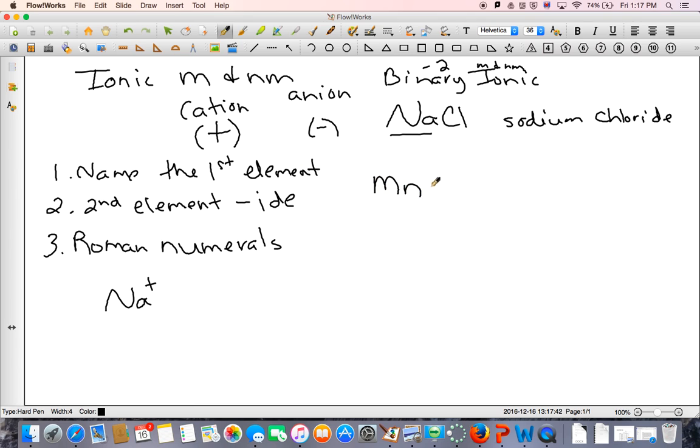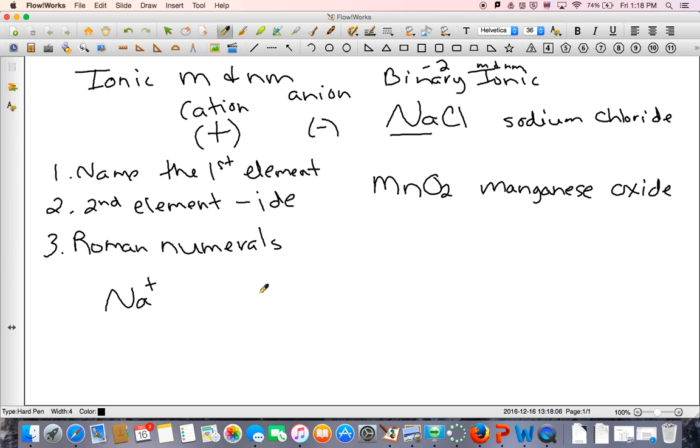Let's try another one, MnO2. Two elements, one's metal, one's nonmetal, so it's binary ionic. I name the first element, manganese. There is a difference between magnesium and manganese, so make sure you look it up. The second element is oxygen, but it's going to get changed to oxide.